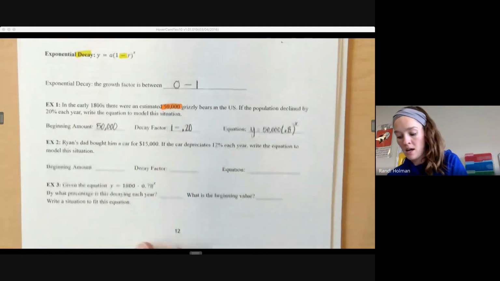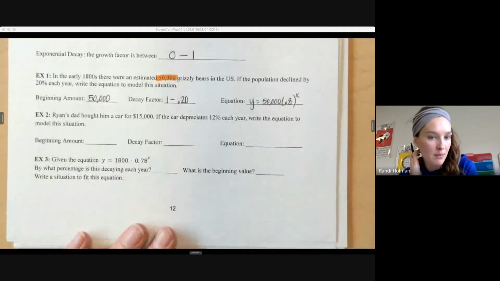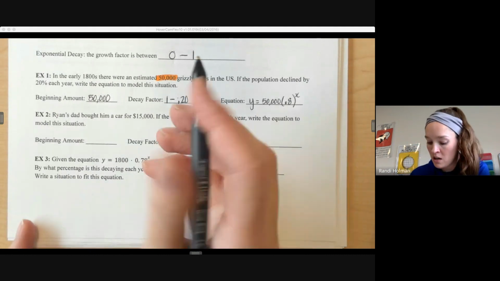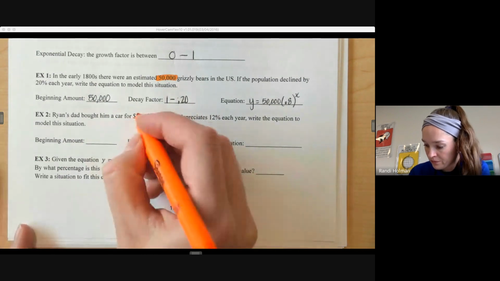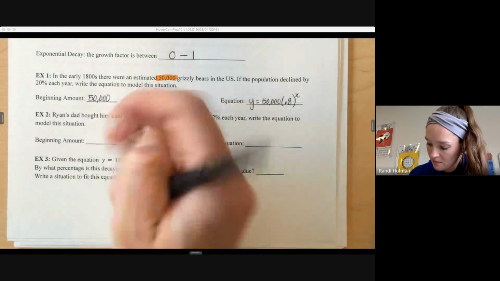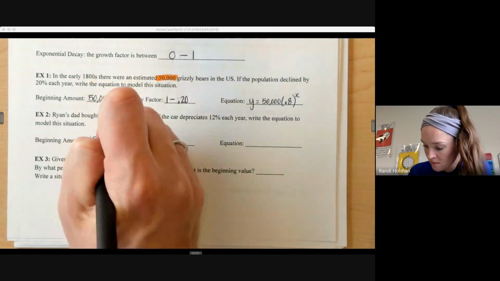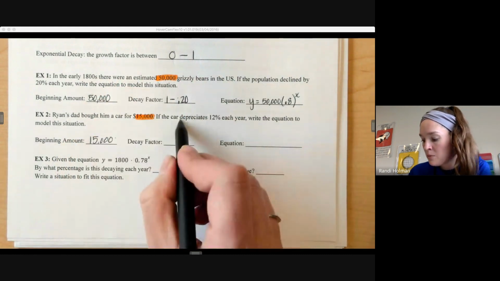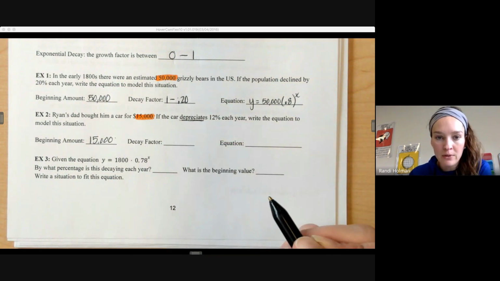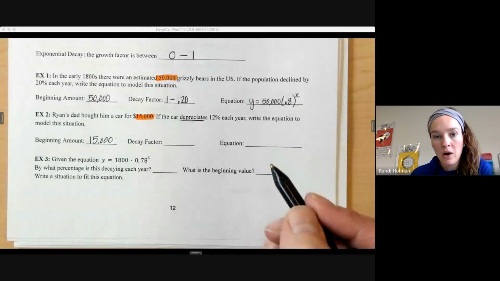Okay. Ryan's dad bought him a car for $15,000. That car depreciates 12% each year. Write the equation to model this situation. So beginning amount, 15,000. Okay, it depreciates. That might be a new word for you. That means that it loses value. So it depreciates in value by 12% each year.